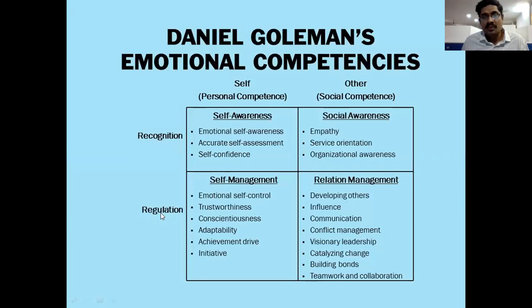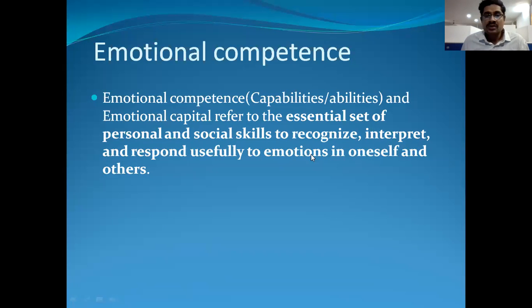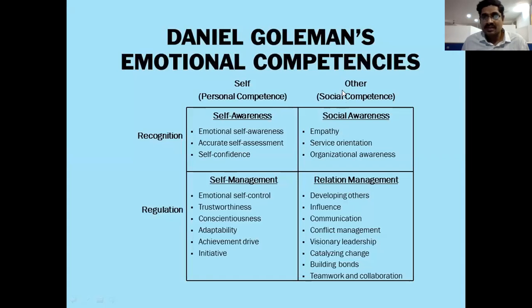Here, interpret or respond means regulate. So personal skills, interpretation and regulation, and the second thing, social skills, interpret and respond. So respond, regulate, or interpret the social skills. These are the matrix, right?